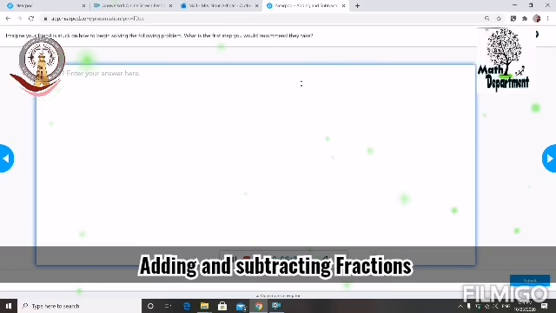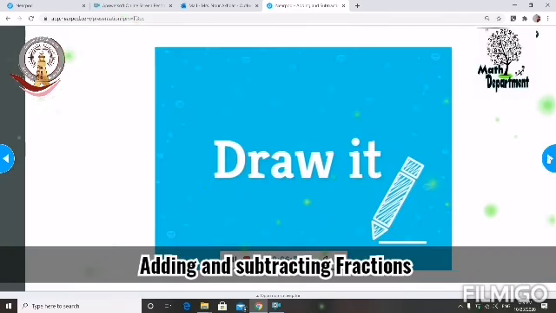So in order to add these two fractions, the first step I recommend is to find the LCM of 5 and 2 in order to make a common denominator. So as you noticed, once you make the common denominator, it will be very easy to add or subtract the fractions.